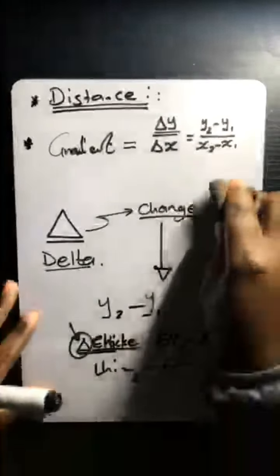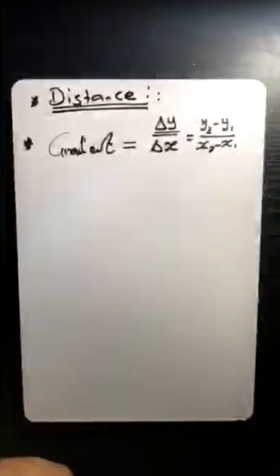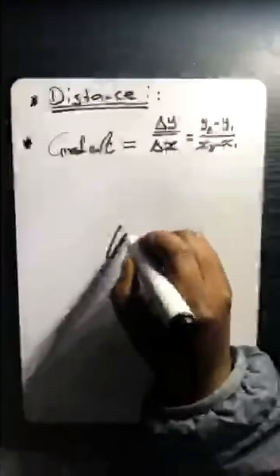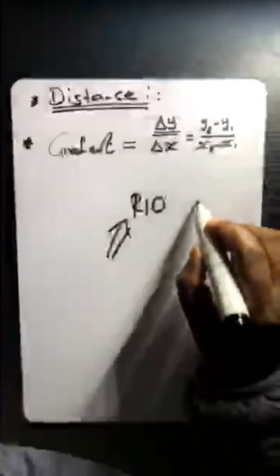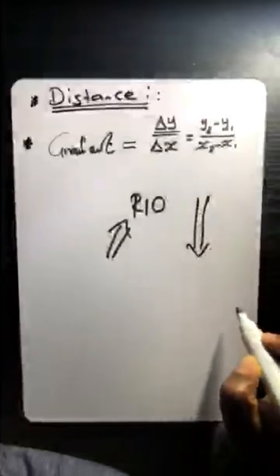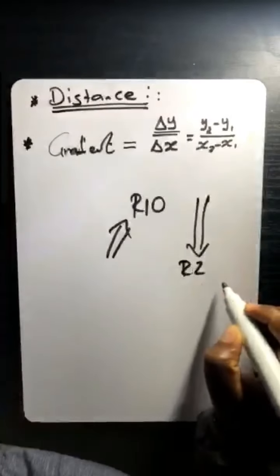That is why when you go to the shop to buy something and you get change, the transaction is such that you give the shop owner, let's say, 10 rand, and then the shop owner gives you your change. Let's say they give you 2 rand.